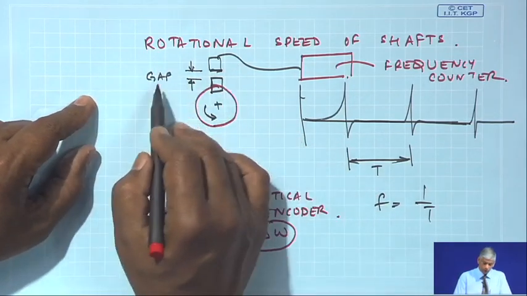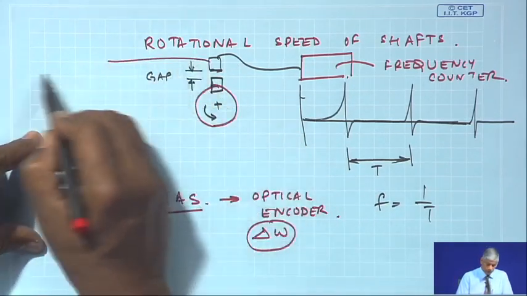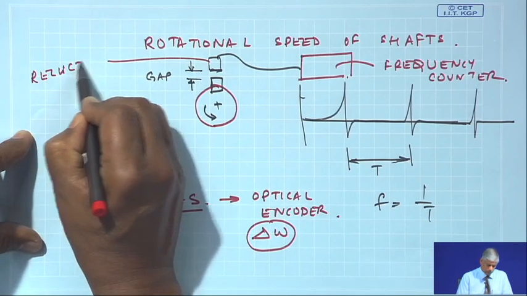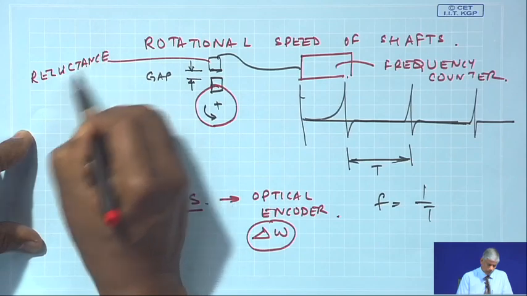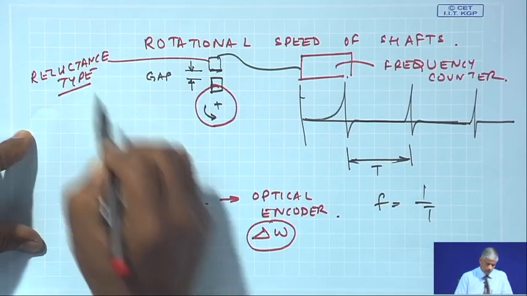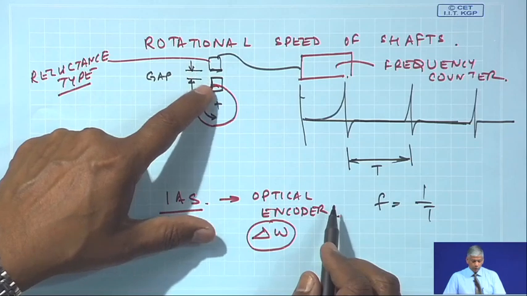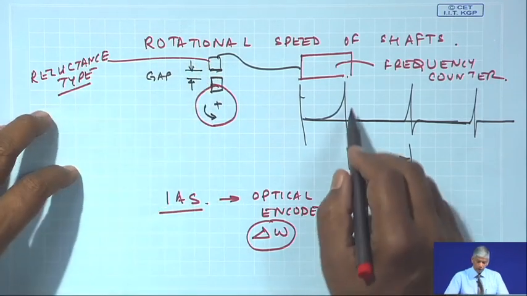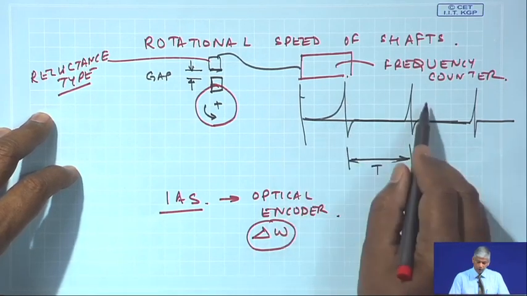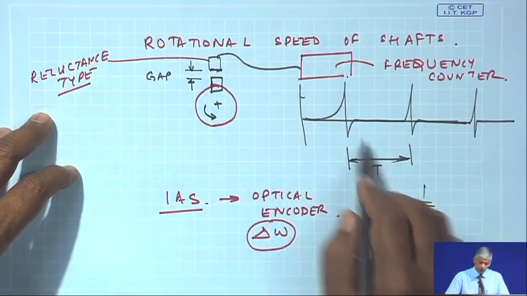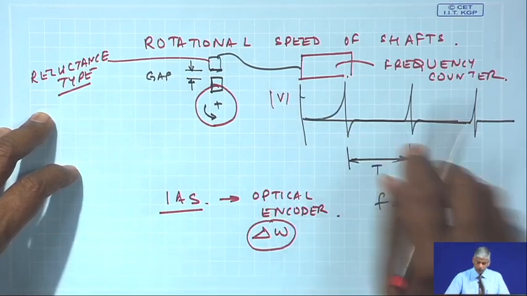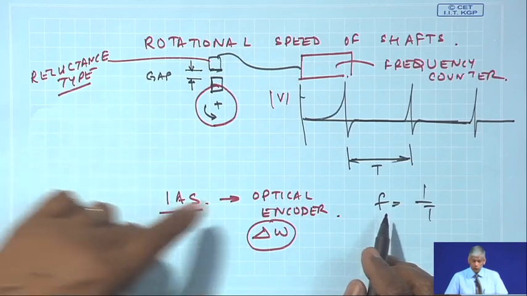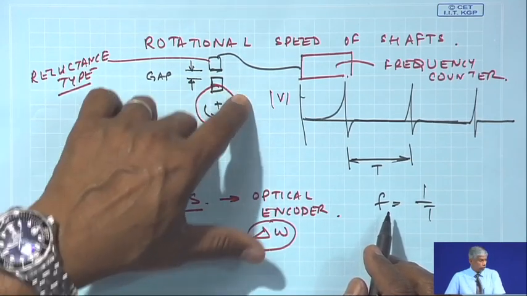But in such a reluctance type pickup, because of the change in the gap, the magnetic flux changes. Thus, we will have a voltage corresponding to this change, an induced voltage, and by sensing this voltage, I am able to get these peaks, and the inverse of these peaks is nothing but the time period, and that is what we have got here as the rotational speed.